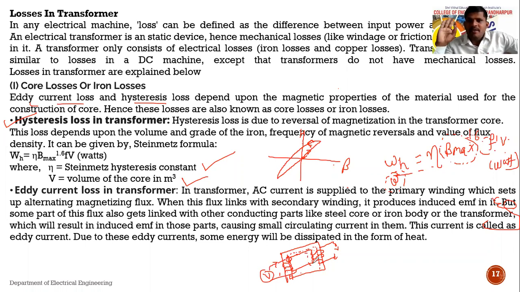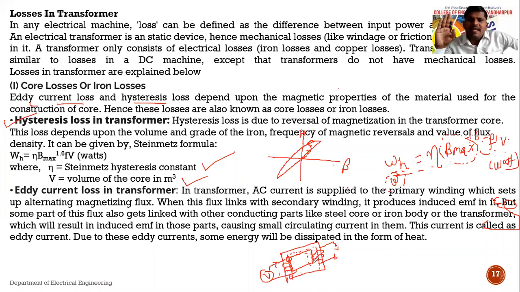Yes, sir. Okay. See, when we provide a supply to the primary winding, when the current starts flowing from the primary winding, it will set up some flux. When this flux links with the secondary side, some EMF is induced in the secondary winding, right?